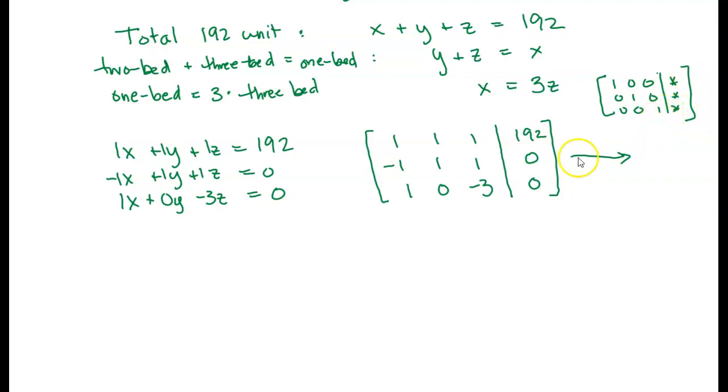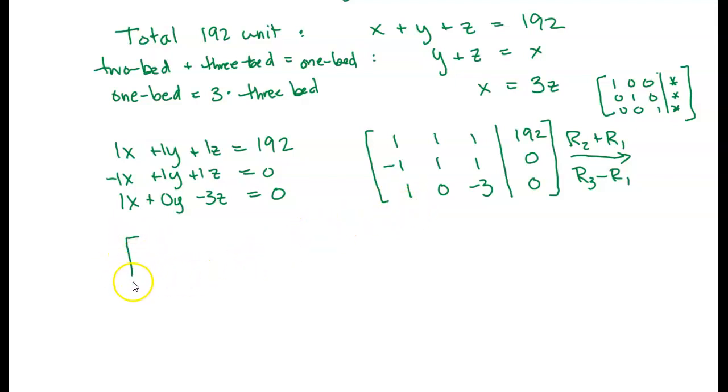Now, when I look at the first column, it looks pretty good. I got a 1 where I want it, and now I just need zeros below it. So if I take row 2 and add row 1 to it, that'll give me a 0 where I want it. And I can also take row 3 and subtract row 1 from it, and that'll also give me a 0 in the third row, first column.